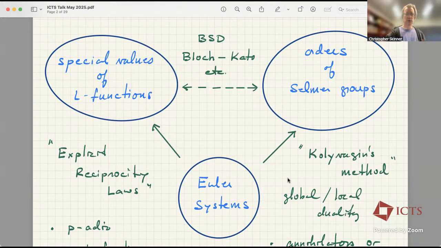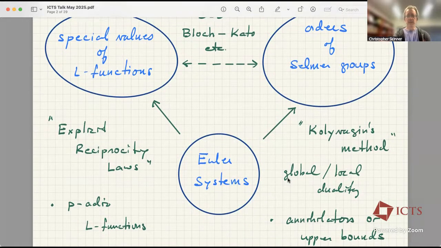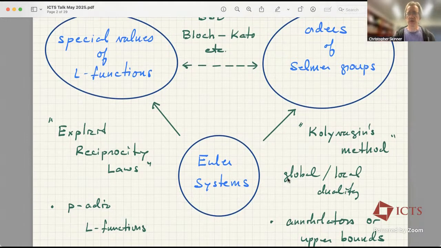One of the tools that's been very successful for these problems has been Euler systems, which seem to mediate between both sides, at least in the best of worlds. On the one side, the relationship between Euler systems and orders of Selmer groups comes from Kolyvagin's method, which makes use of global and local duality and allows us, very generally, to deduce the existence of annihilators or upper bounds on the orders of Selmer groups.